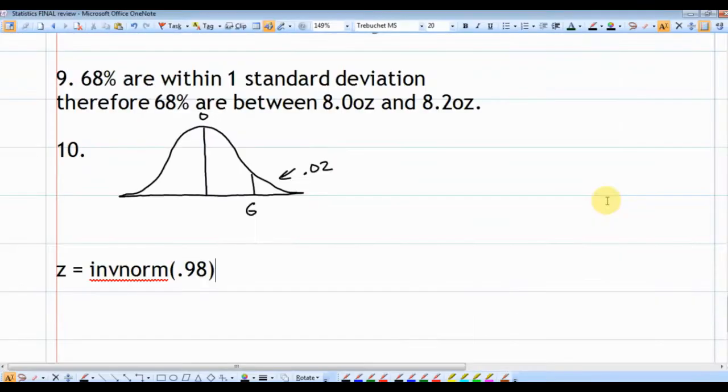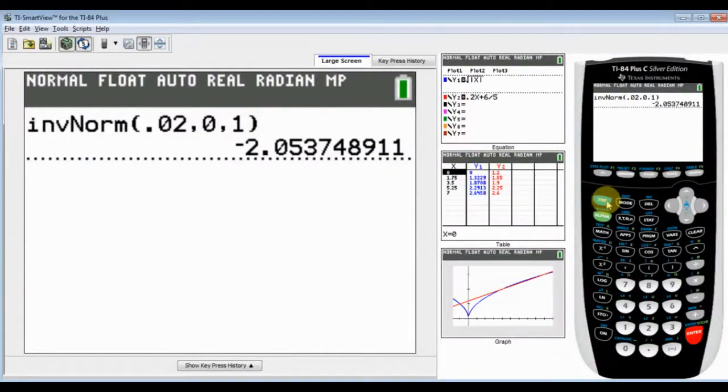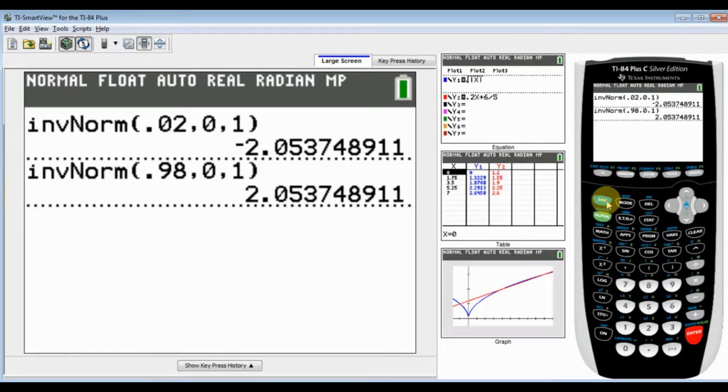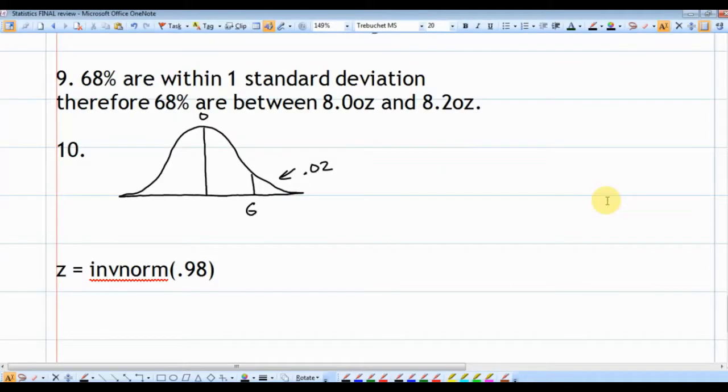Oh wait, why did I do 0.02? 0.98. Oh, I'm going to get 2.05, right? Are you comfortable with that? I put the wrong number in, but I should just get the same thing. 2.05.